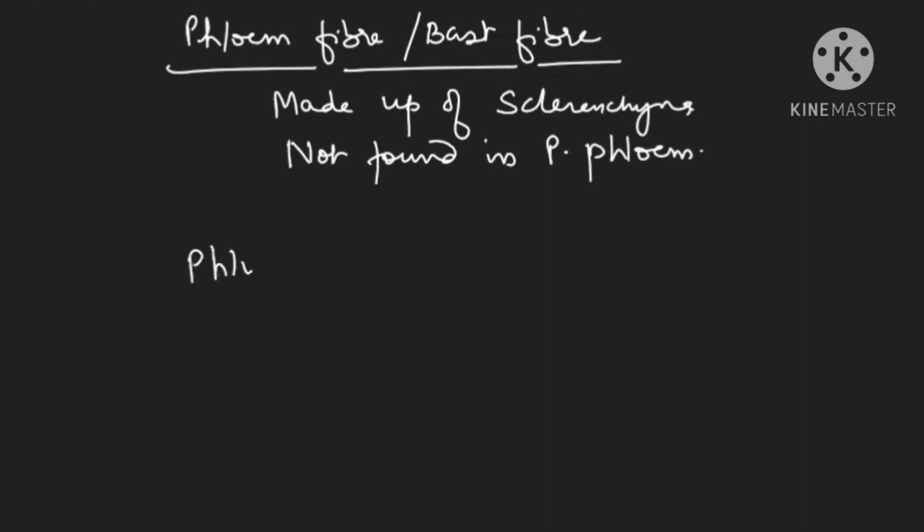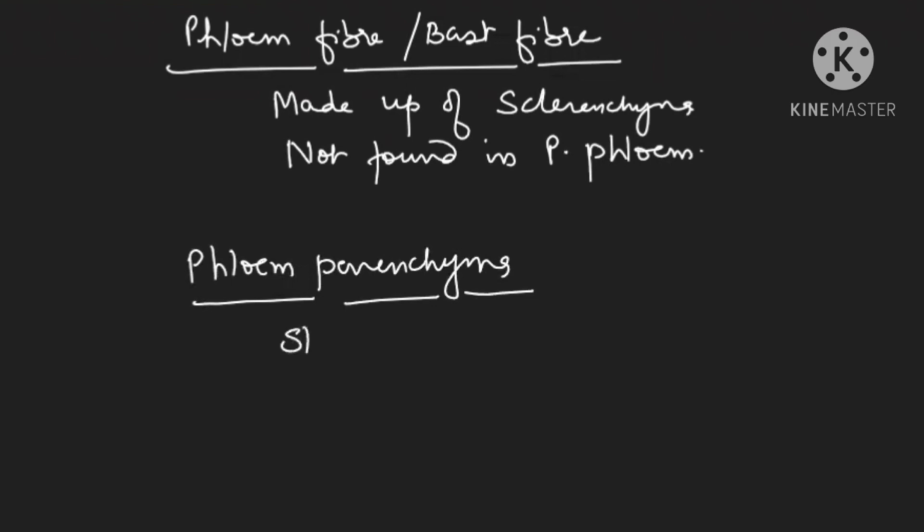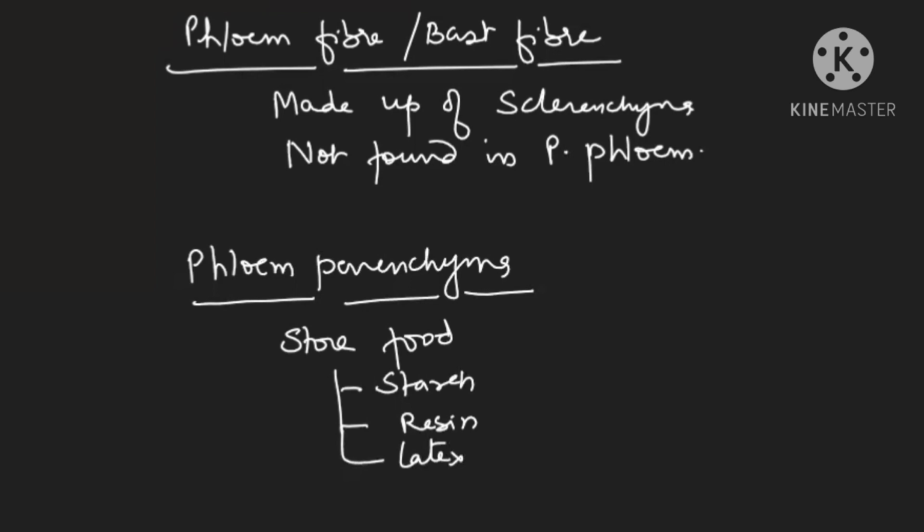One more component of the phloem is phloem parenchyma. This is the living component of the phloem. It is the one which stores the food. Now here it is important. It stores food, that is starch. Obviously it will store starch, but also other substances like resin, latex, and mucilage.